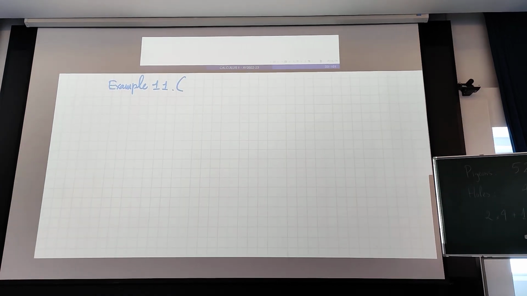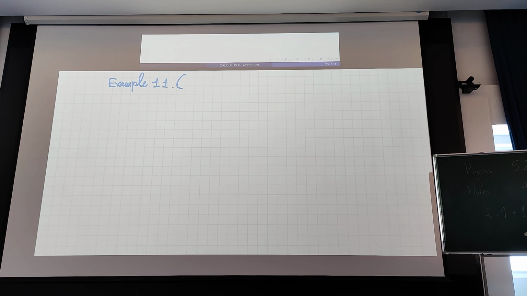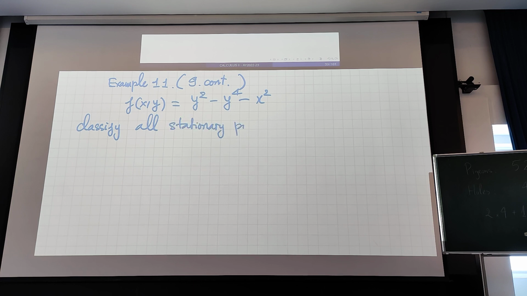That is a continuation of example 9 in your lecture note. So we are given the two variable function f(x, y) equal to y squared minus y to the power 4 minus x squared, and we need to classify all stationary points of this function.